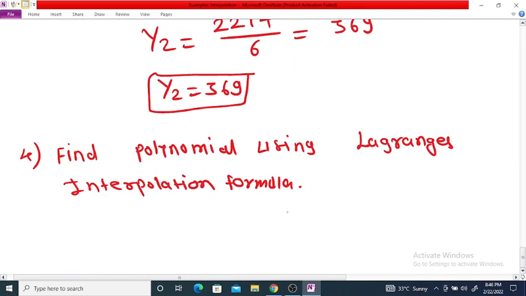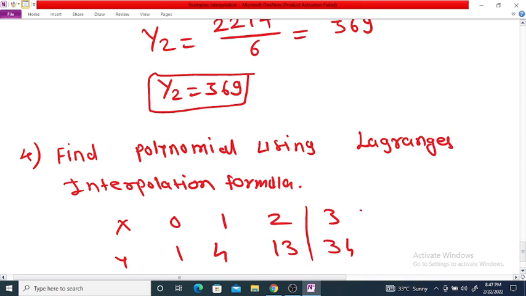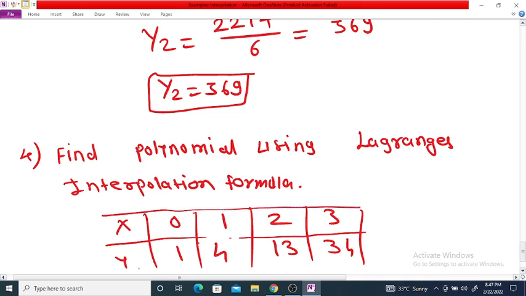Now in the last example, find the polynomial using Lagrange's interpolation formula for the given data. The data is x equal to 0, 1, 2, 3 and y equal to 1, 4, 13, 34. By using this data, we want to determine the Lagrange's interpolation polynomial.